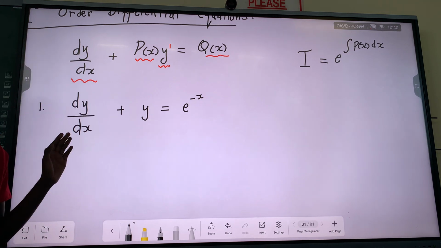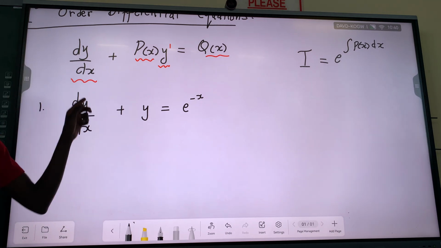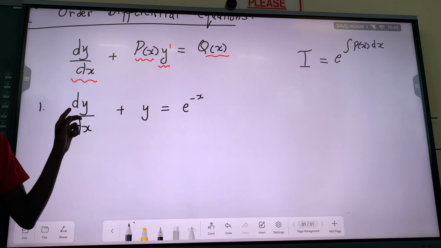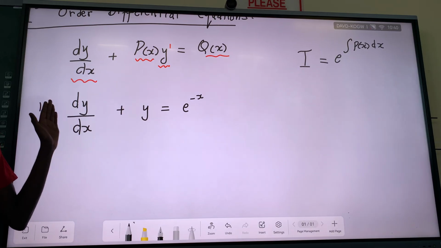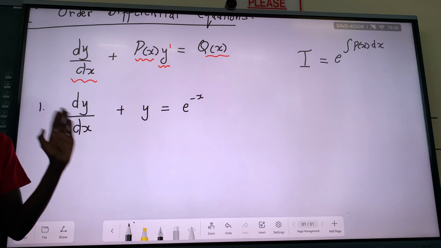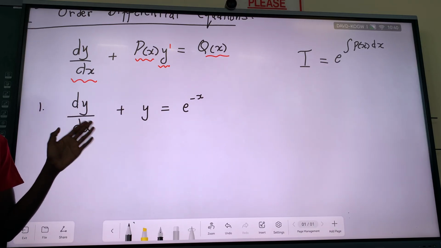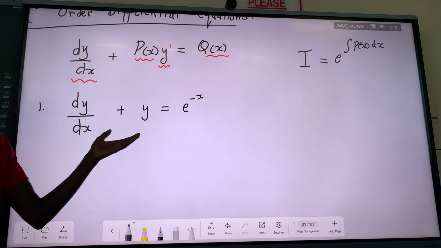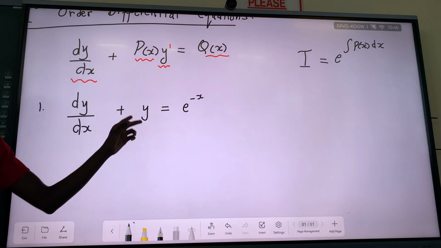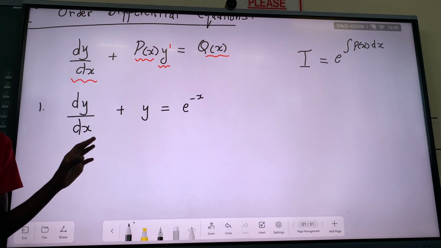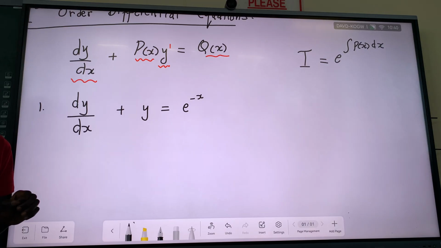Number one thing, this is dy/dx, so it means the highest order derivative is the first order. But now you check linearity. The variable y must be raised to the power of 1, not 2. In this case, y is raised to the power of 1. So essentially, this is a first order differential equation.